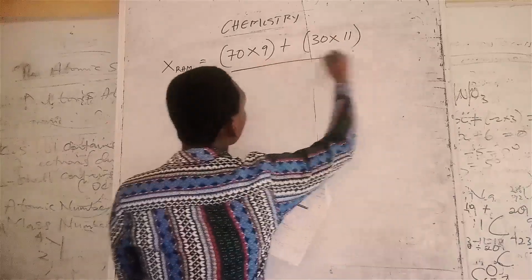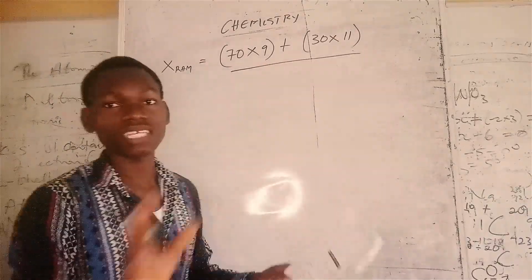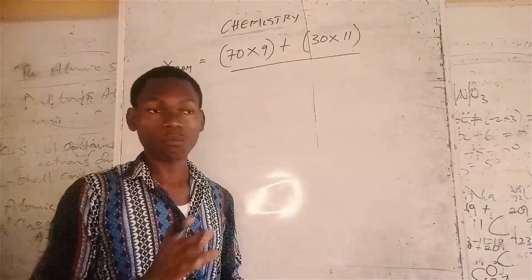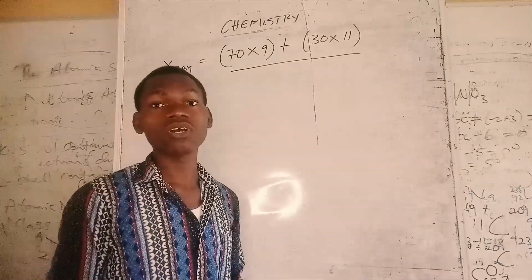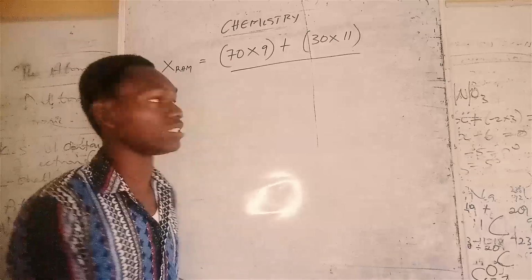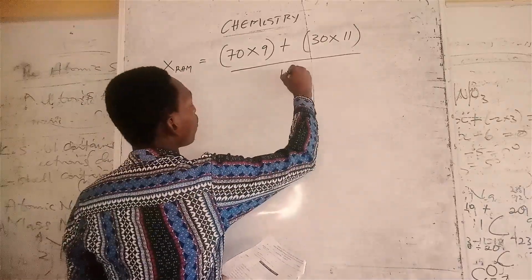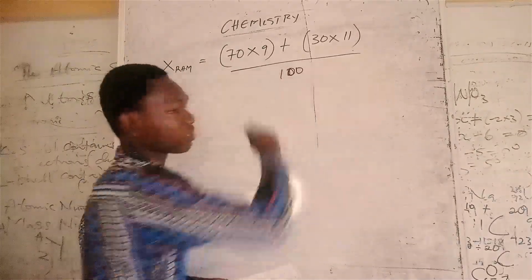Now all over the total abundance. If it was a percentage, it would be 100, but they say the atoms are 100, which also talks about percentage. So all over 100, the total atoms.